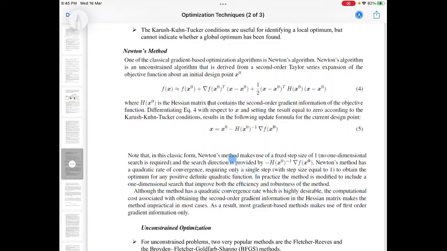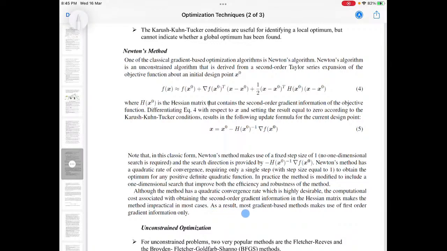Initially, in the earlier gradient algorithms, we used a one-dimensional search, whereas here this doesn't require a one-dimensional search. Although the method has a quadratic convergence rate, which is highly desirable, the computational cost associated with obtaining the second order gradient information in the Hessian matrix makes the method impractical in most cases.